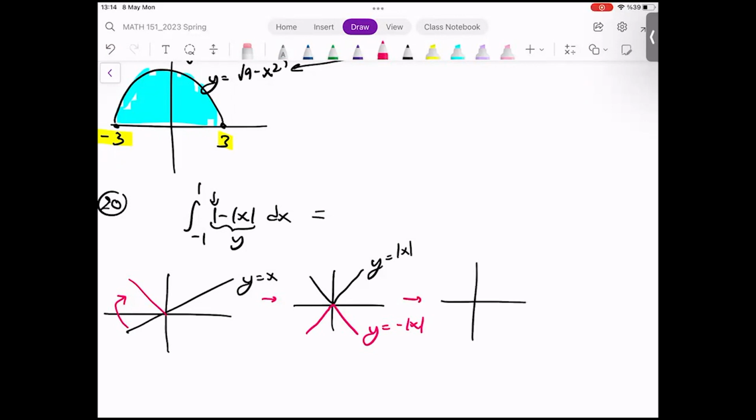If you take that pink graph 1 unit up, that will correspond to the graph of this curve, 1 minus absolute sine. You see, I moved this graph 1 unit up so that it will hit 1 here. Also, you can easily find these intercepts.